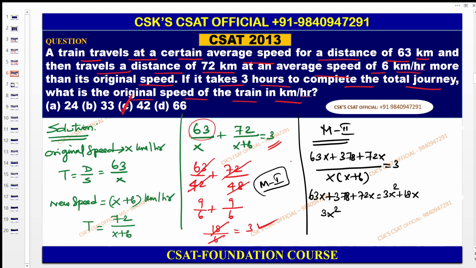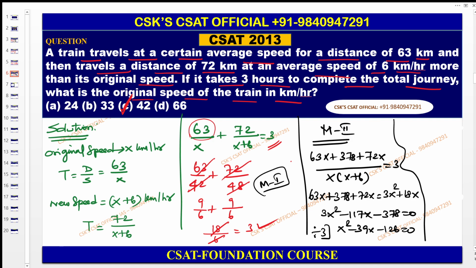So therefore 3x square, 63x, 72x, bringing to the RHS will become negative. When we are adding with that resultant with the 18x, we'll get minus 117x minus 378. So divide that equation with the 3 table. Then x square minus 39x minus 126 is equal to 0.